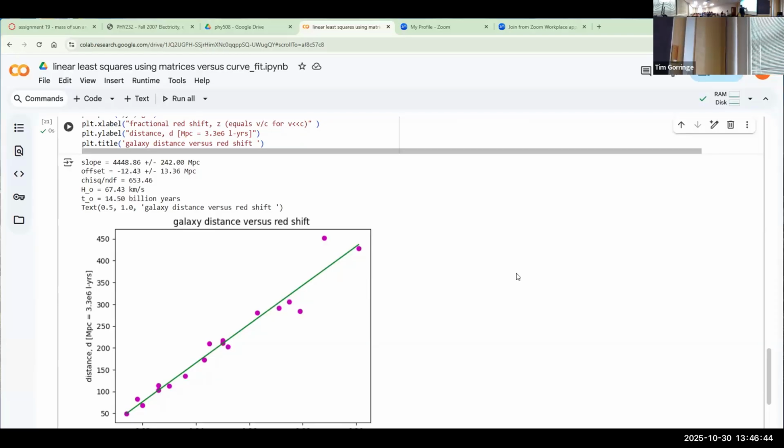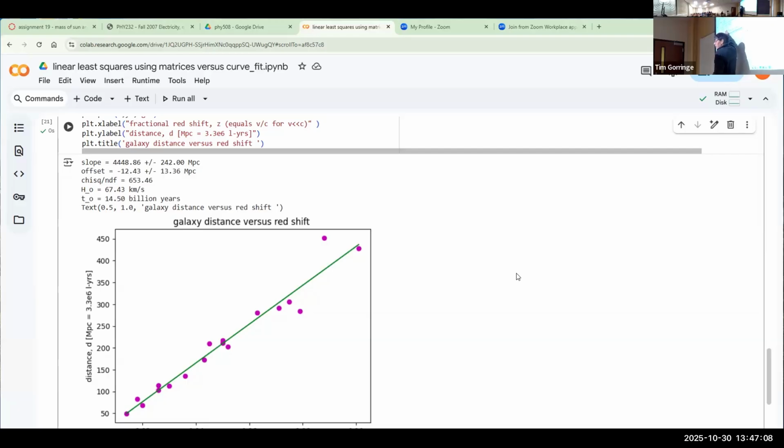This is the best fit straight line that curve fit gave me. And again, it looks like a very reasonable straight line with points above and below the line itself. Here are the parameters for the slope and the offset. And here's the chi-squared. Here's the value of the Hubble constant that I've extracted.